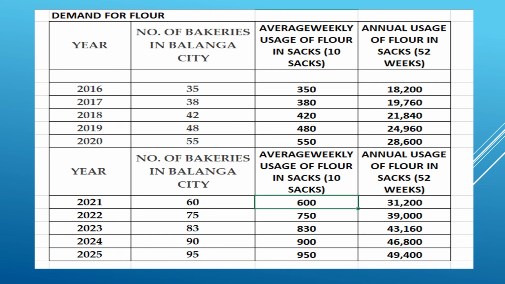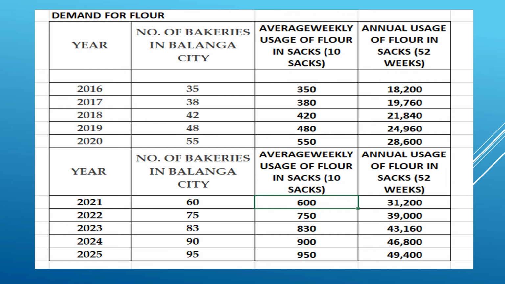Okay. Next, demand for flour naman. So, nakuha natin yung number of bakeries, ginamitan natin ng projection, kaya ayan, may lumabas. So, kunwari lang, using the linear trend, ang lumabas ay 60, 75, 83, 90, 95 for 2021 to 2025.